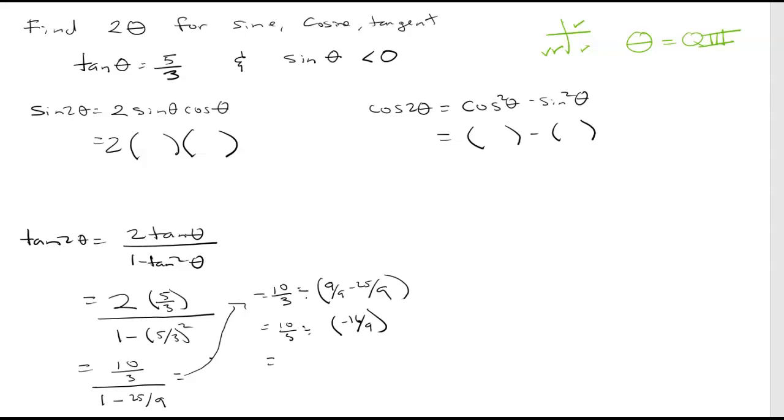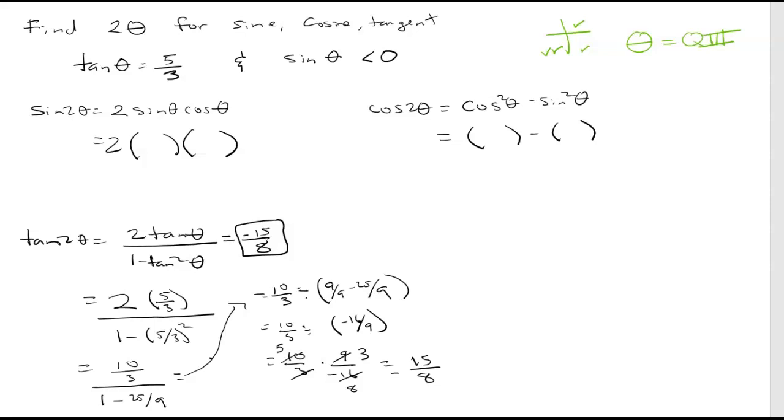Simplify it. So 10/3 times 9/negative 16. 3 and 9, leaving you with a 3. 16 and 10, so 2 goes into both, so 5 and 8. So 5 times 3, that gives me 15, all over a negative 8. So my double angle for tangent is negative 15/8.